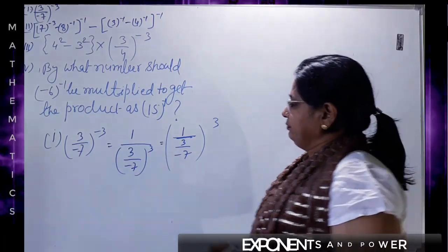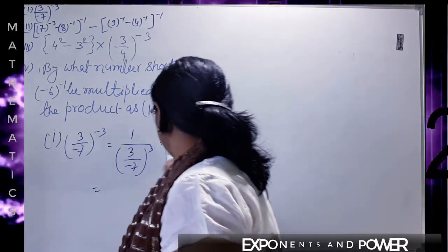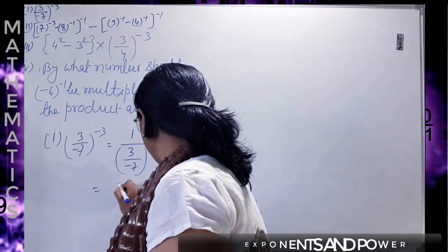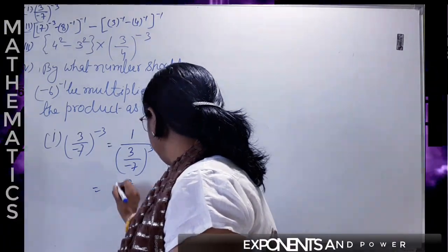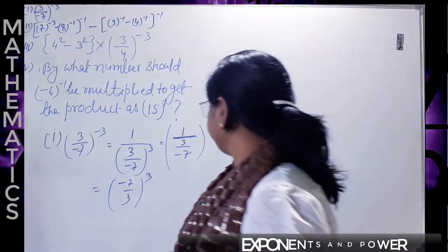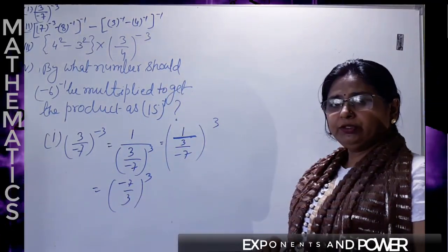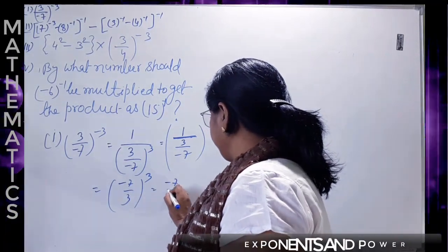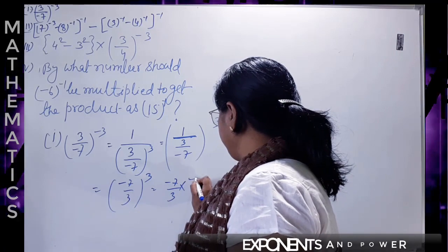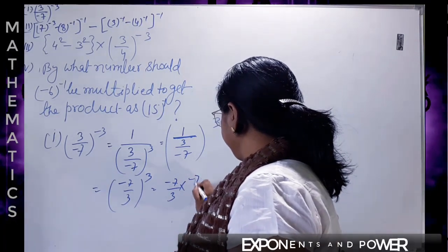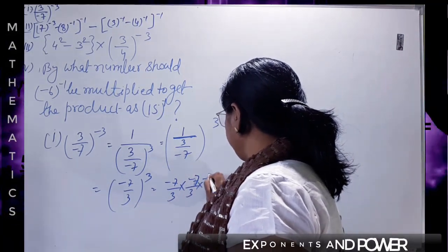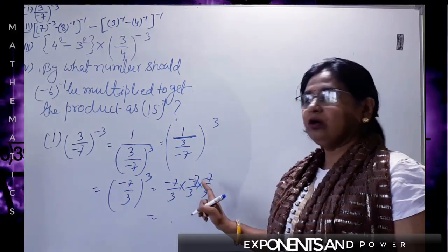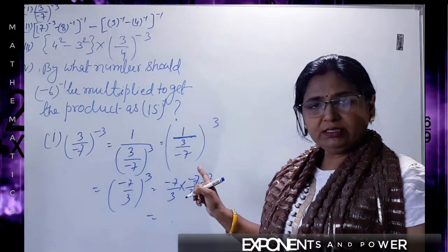That can be written as (minus 7 by 3) whole to the power 3, going up because there is division. Now 3 times multiplication: minus 7 by 3 into minus 7 by 3 into minus 7 by 3. 3 times multiplication of minus is minus.